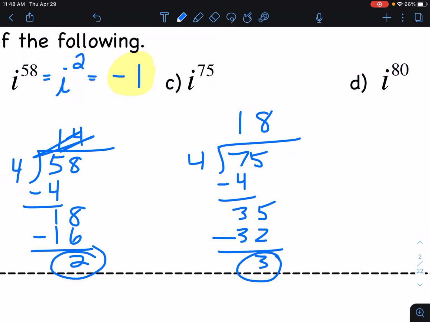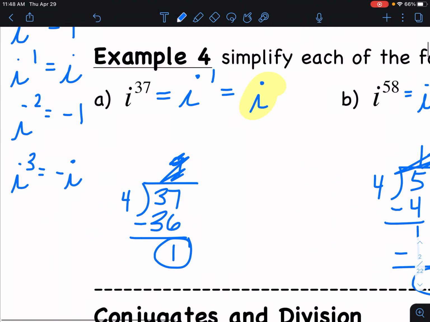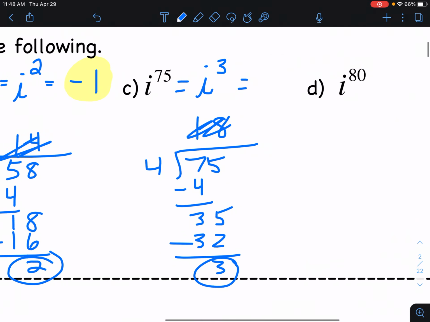So there's your remainder. Don't worry about the 18. All we care about is the remainder. So that means i to the power of 75 is the same thing as i to the power of 3. And we refer back to the left. i to the power of 3 is equal to -i.